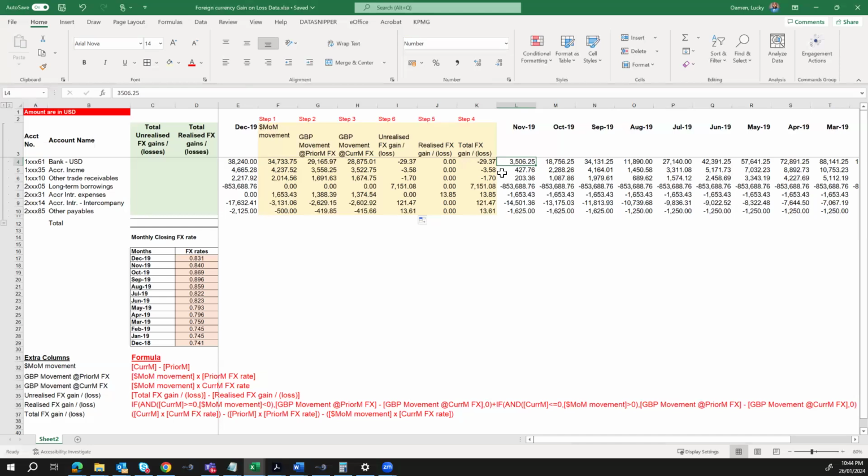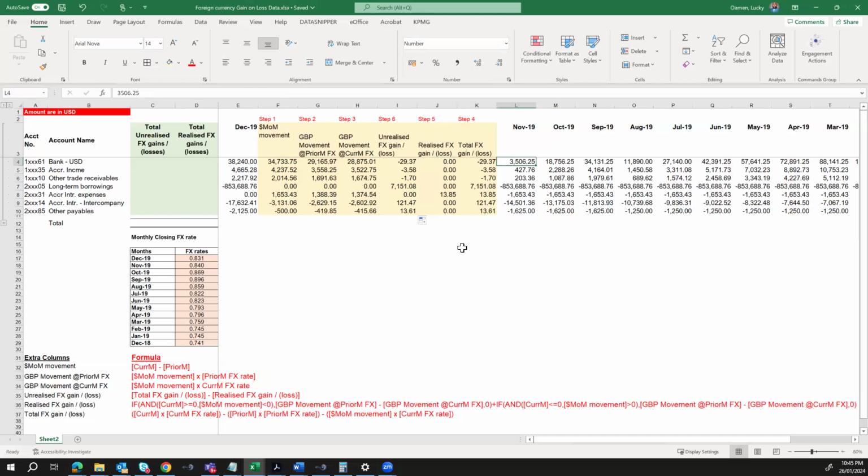Because the asset has increased, and the increase wasn't available as at November, that increase shouldn't give rise to a realized gain or loss. So that's why, by our formula, the realized portion of this account is 0, and the amount is recorded as unrealized, which is simply the movement in exchange rate between the previous month and the current month multiplied by the closing balance from November.